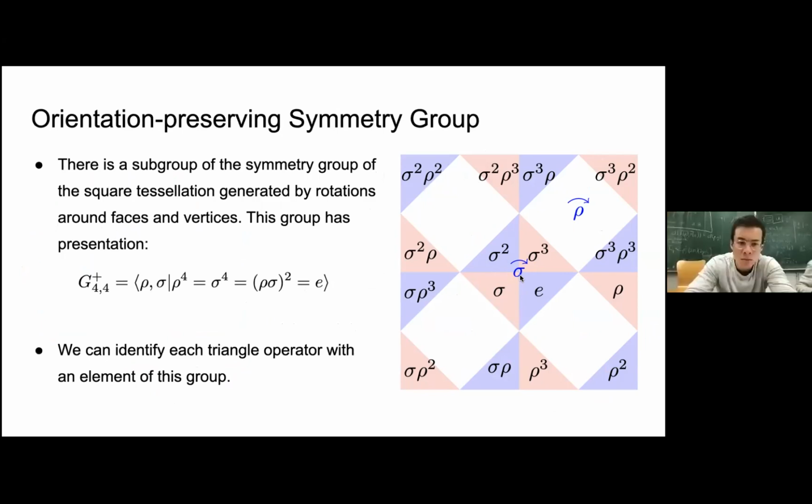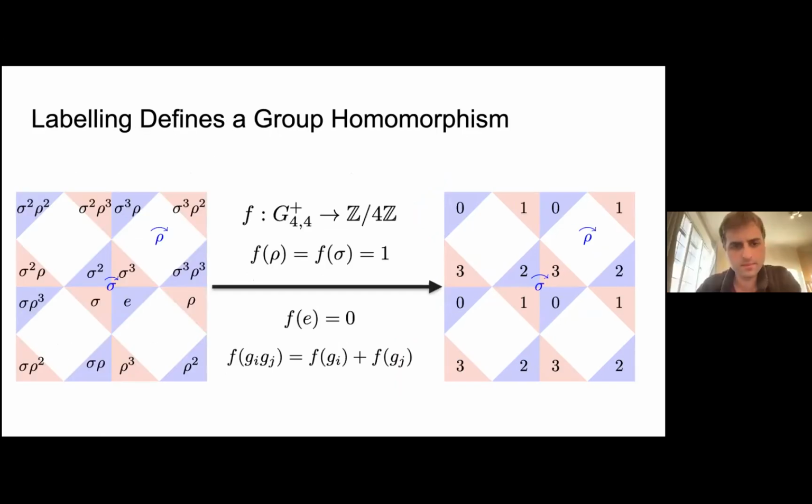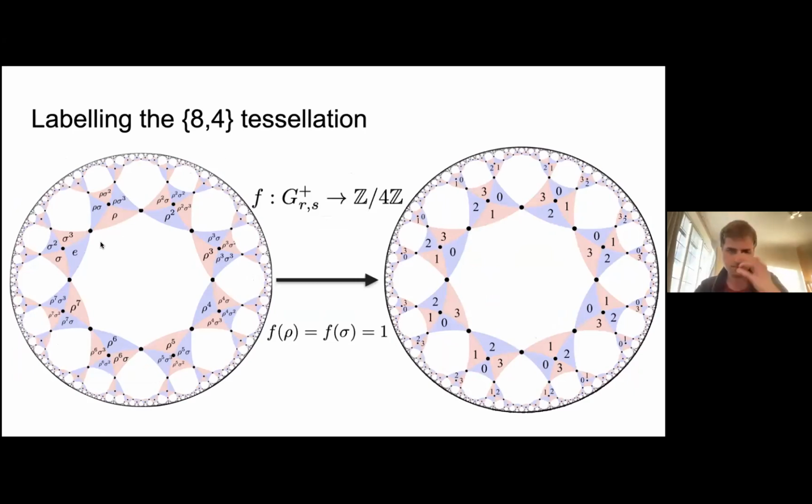I see. So that's what you have for your subsystem surface code schedule. And then you map your symmetry group of the hyperbolic tessellation to Z4 by a homomorphism, right?